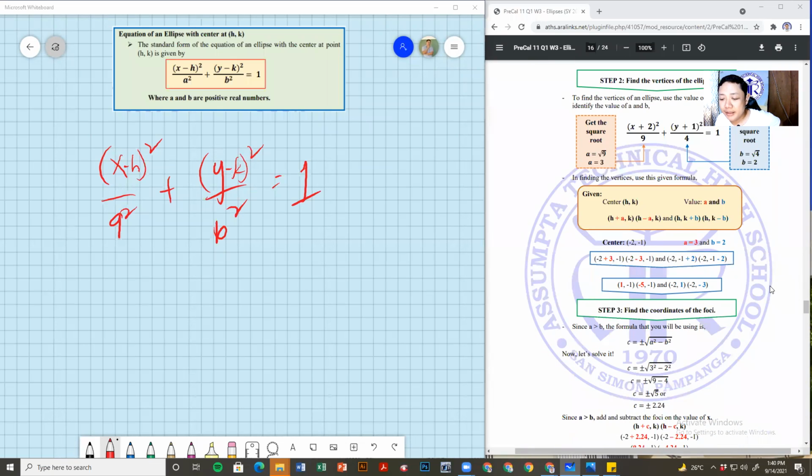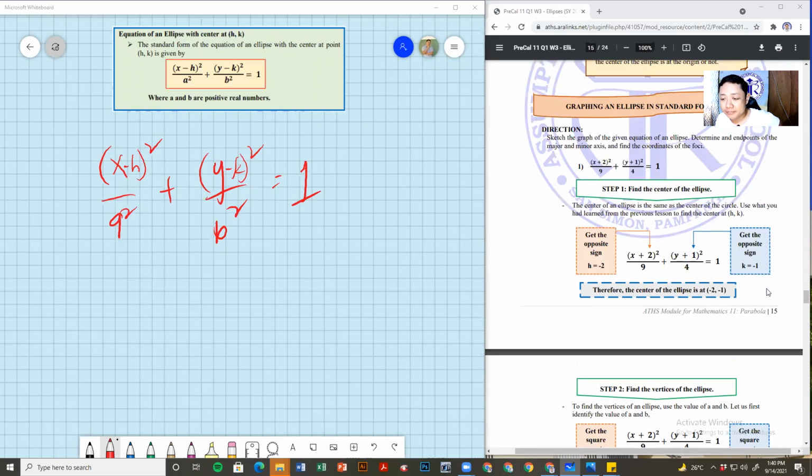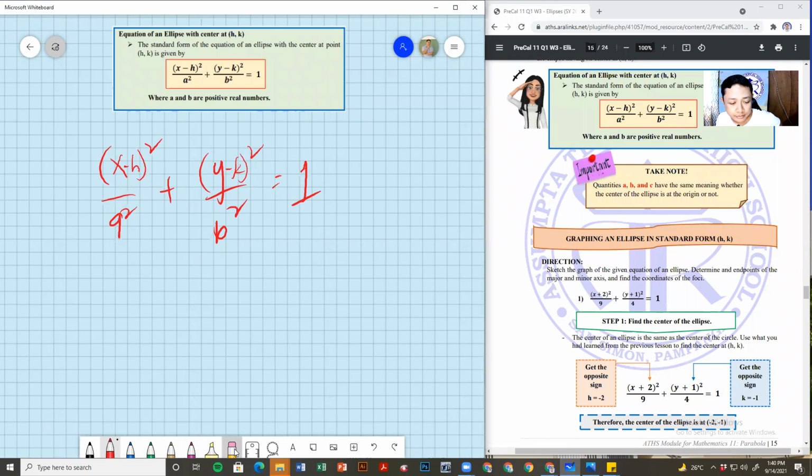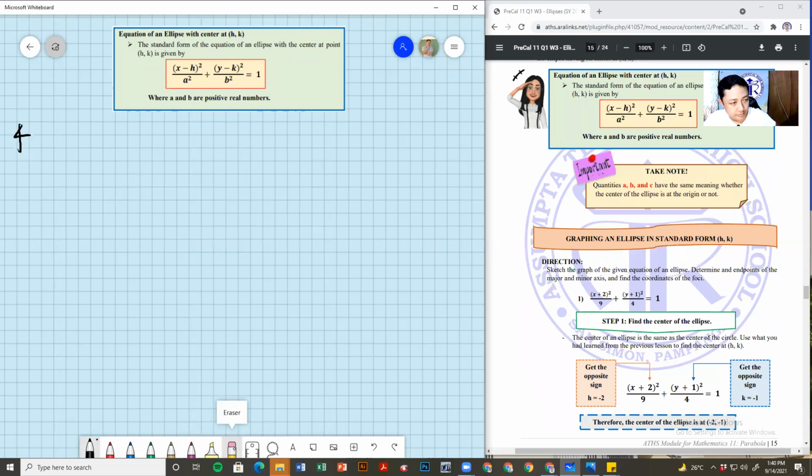For example, we have here like this. So if we have, let me erase this. 4 times the quantity of x plus 2 squared plus 25 times the quantity of y minus 3 quantity squared is equal to 100.